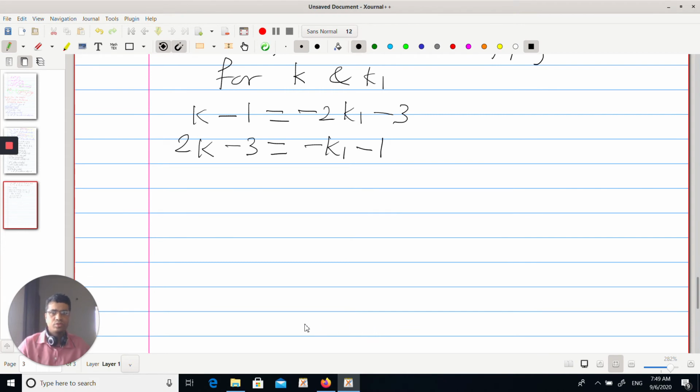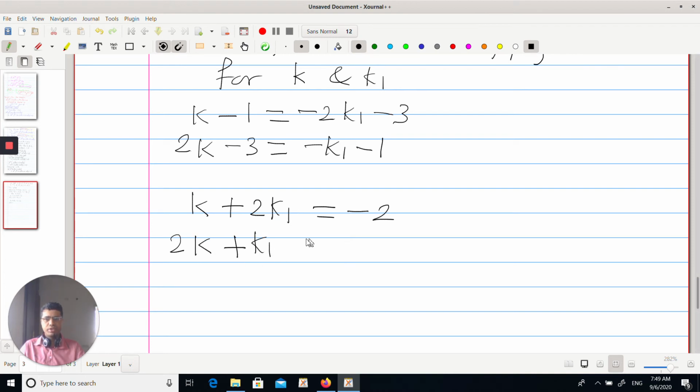So it is k plus 2k1 equal to 1 minus 3, that is minus 2, and the second equation is 2k plus k1 equal to 3 minus 1, that is 2.